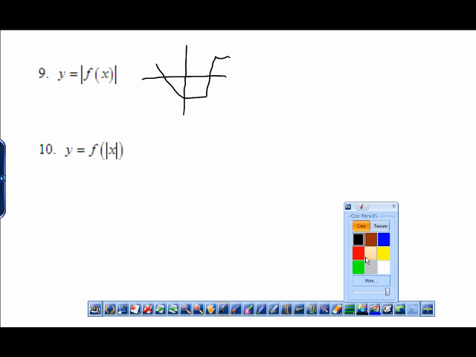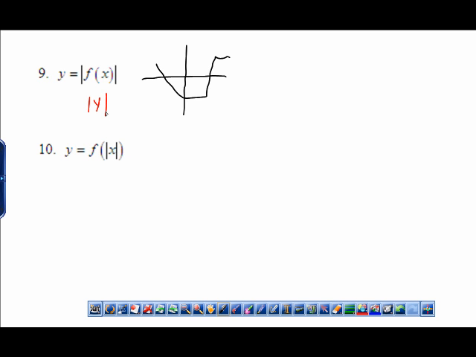Now what we want to do, if we're taking absolute value of the whole function, is like taking absolute value of the y values. Remember we've got our x-axis and our y-axis. Everywhere where the y value is already positive, it will not change if I take absolute value. So in my red, which is representing my new function, I'm going to darken in everywhere where the y value was already positive.